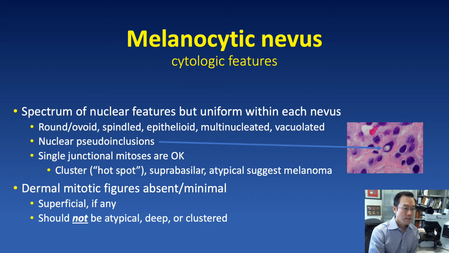In contrast, if we see a dermal melanocyte in mitosis, that should prompt searching for additional ones. And in the instances where we do see mitoses in the dermis in a nevus, it should typically be superficial and very low in number. We do not want to see dermal melanocytes in mitosis that are atypical or deep, or certainly not a hot spot.